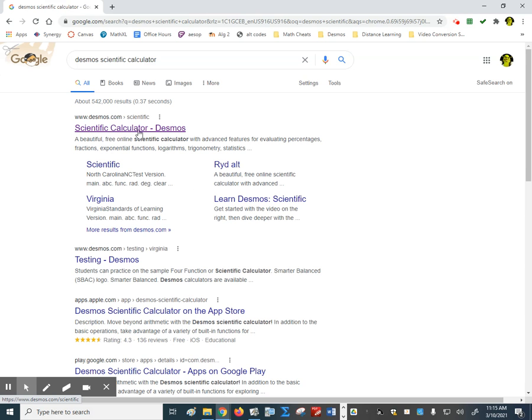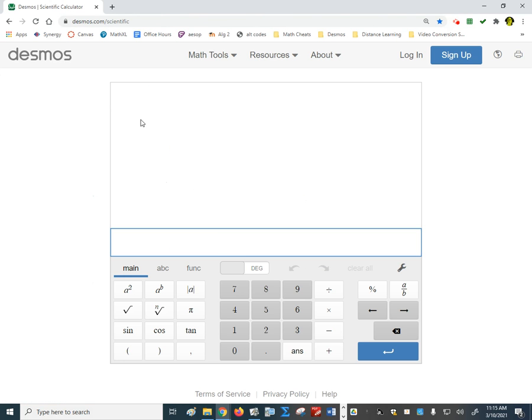And there it is, Desmos Calculator, or Scientific Calculator Desmos. Click on that guy. And there it is, right? Now, if you want to, I would create an account if I were you. I mean, you can actually save some stuff in there, but you don't have to do that now, just as long as you have it bookmarked. So go up to the star in Google, if you haven't done this yet, or whatever browser you're using, and bookmark this thing. So it's in your account, so it's always there, okay?